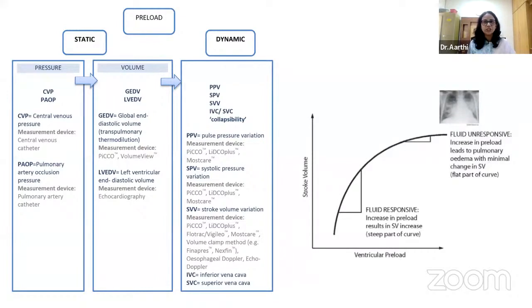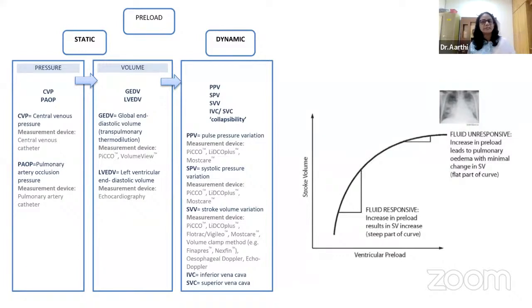These three variations rely on the heart-lung interaction of positive pressure ventilated patients and assess preload. There are certain checklist criteria under which these parameters reliably predict the preload and also the fluid responsiveness of the patient.